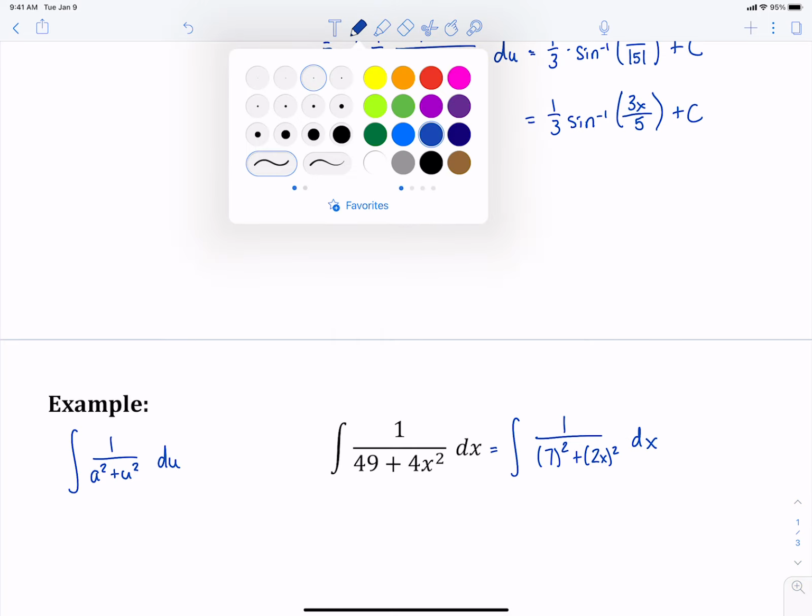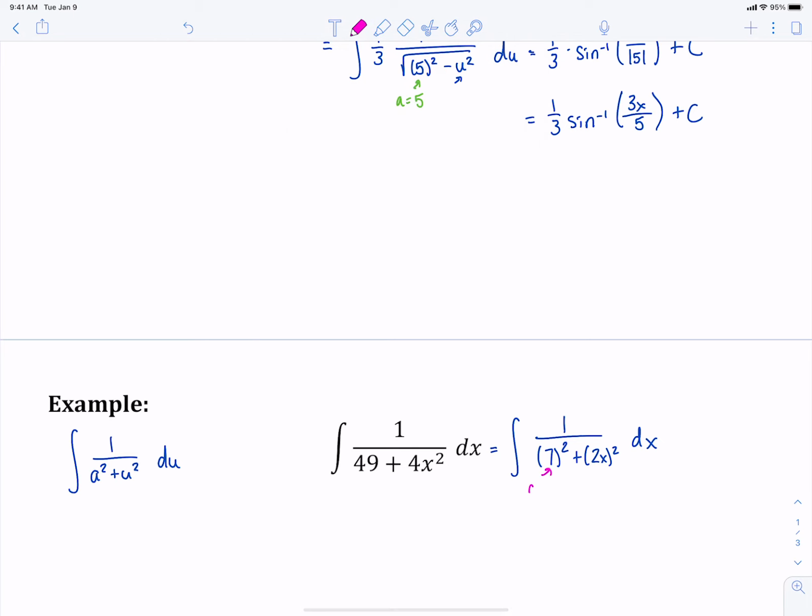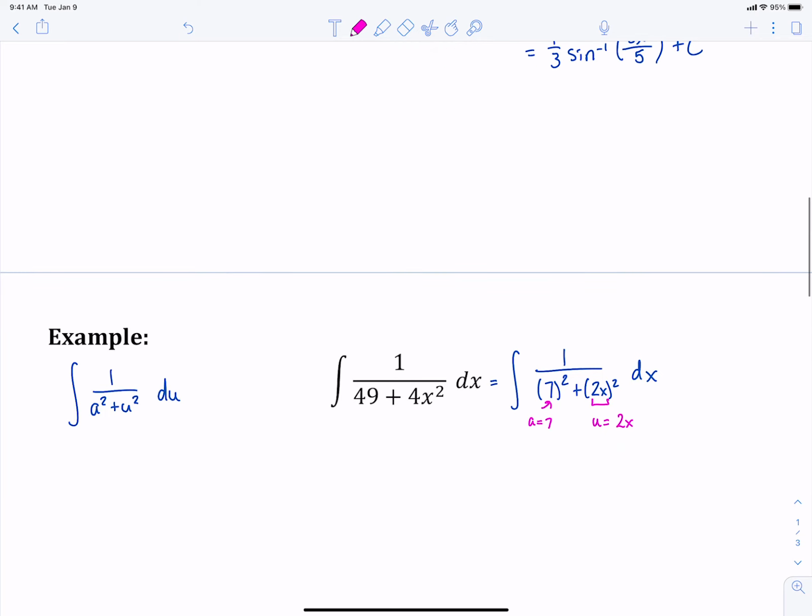So in this case, our a is 7, and this 2x is going to be our u. That also sets up the substitution for us, so that du/dx is equal to 2, and then just like above, we get 1/2 du is equal to dx.